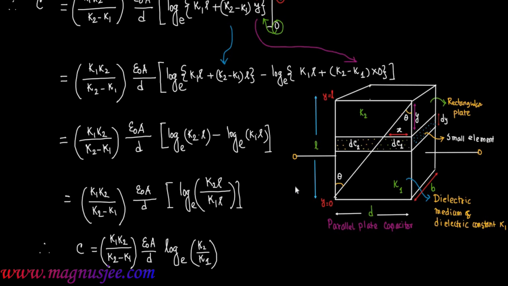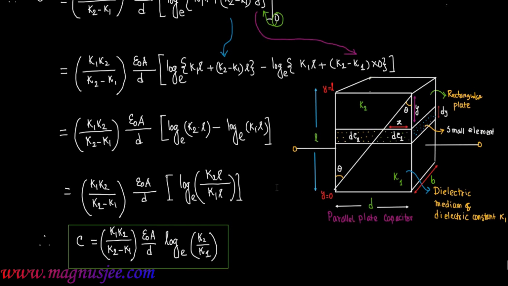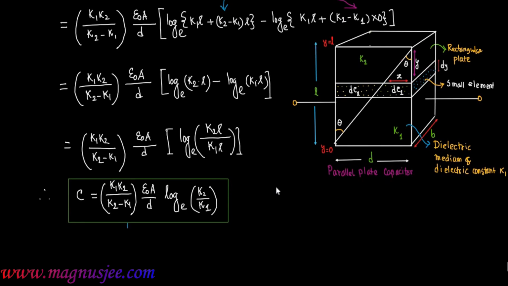This is the expression of capacitance of a parallel plate capacitor in which the gap between the two plates is filled with two dielectrics diagonally.